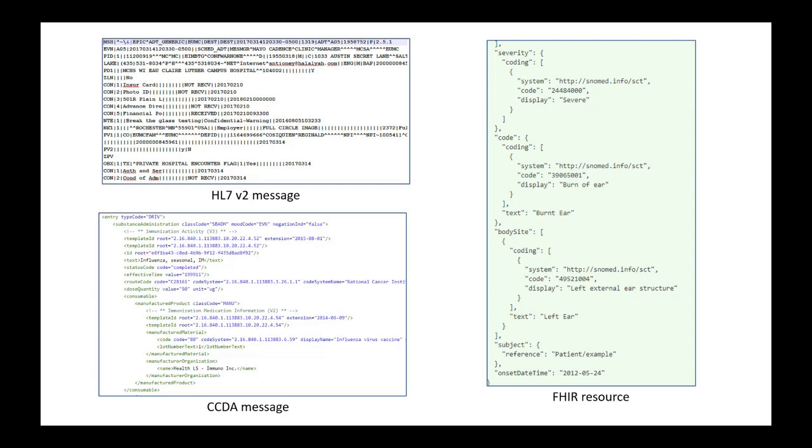As network bandwidth increased, the readability of messages increased as well. Earlier, people were trying to pack as much information as possible into one document without much semantics. But later XML messages came in, CCDA, and now we have FHIR, which is even more readable, both machine readable as well as human readable.